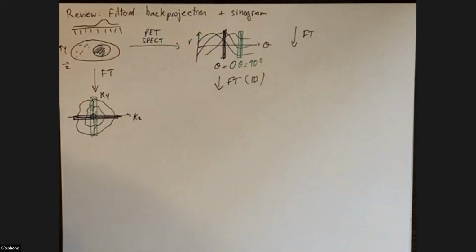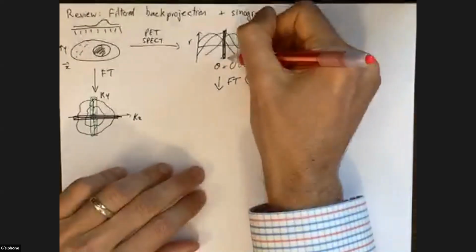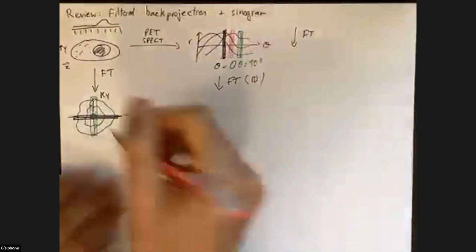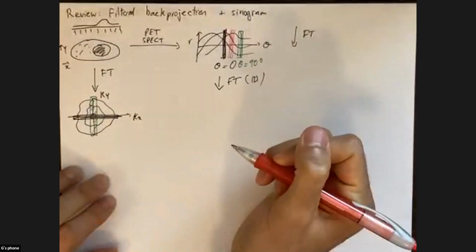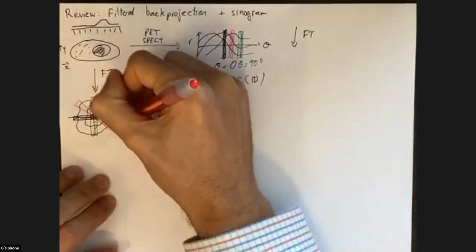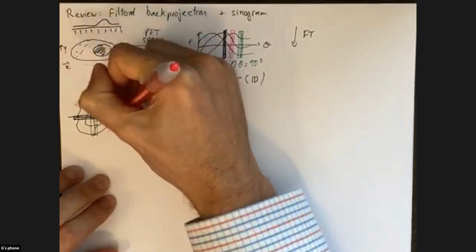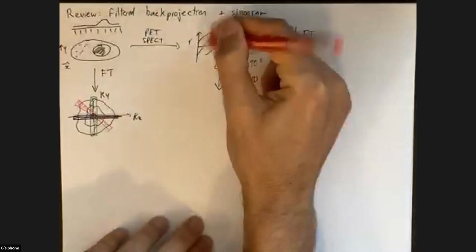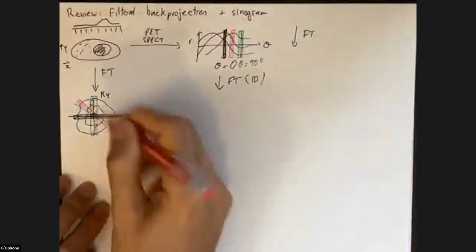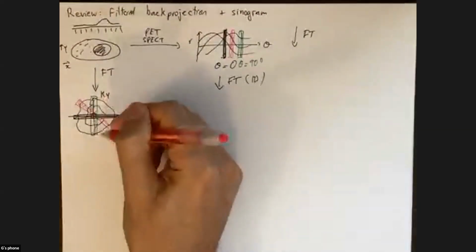Then just to drive the point home, if I have another one, let's say 45 degrees right there, and I take a Fourier transform, it will correspond to this one here, I believe. By taking a full sinogram, with all the angles, we end up measuring all the information we need in the Fourier domain.